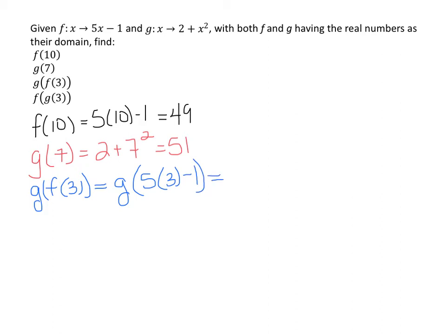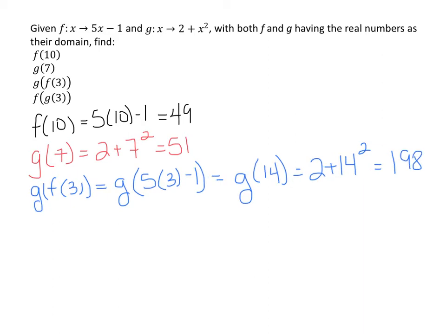Well, 5 times 3 minus 1 is 14. So I will take g of 14. So that's 2 plus 14 squared. 14 squared is 196, so that becomes 198.